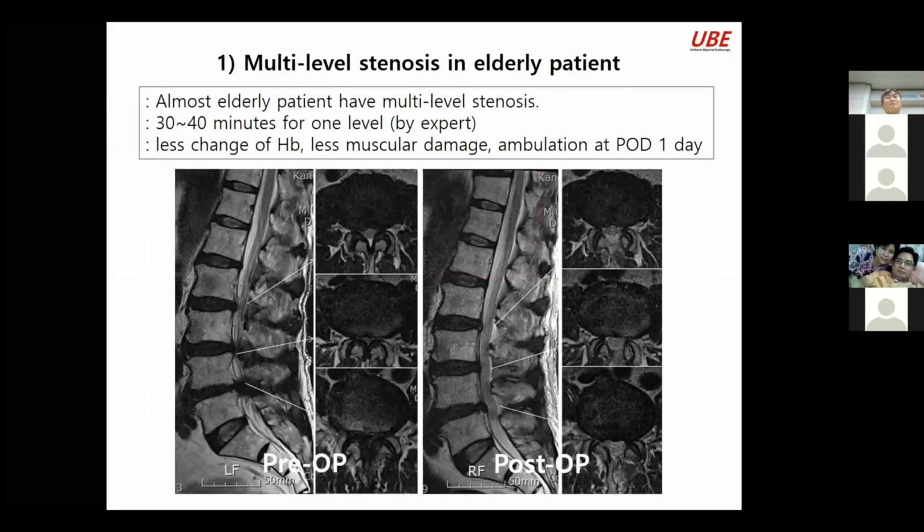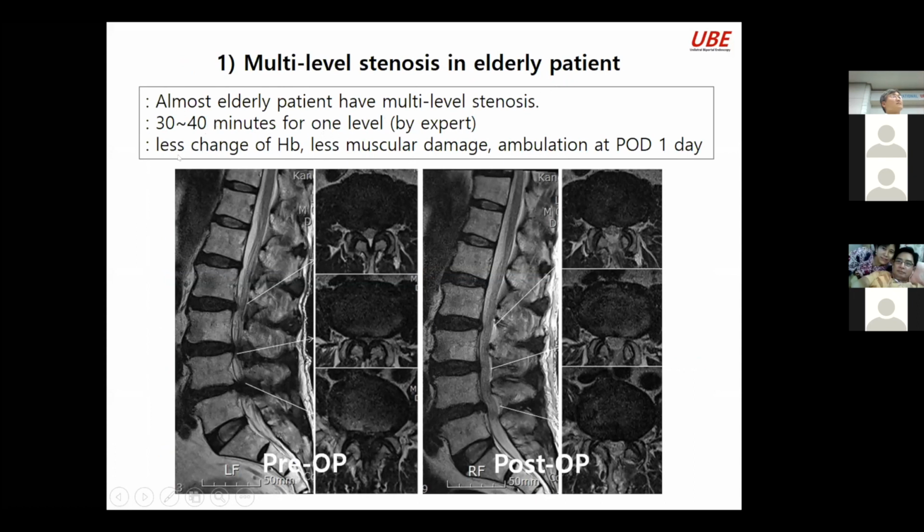Okay. I will explain case by case. The first case is multiple level stenosis in elderly patients. Almost all elderly patients have multiple level stenosis. In my case, one level takes 30 or 40 minutes, but multiple level is no problem.